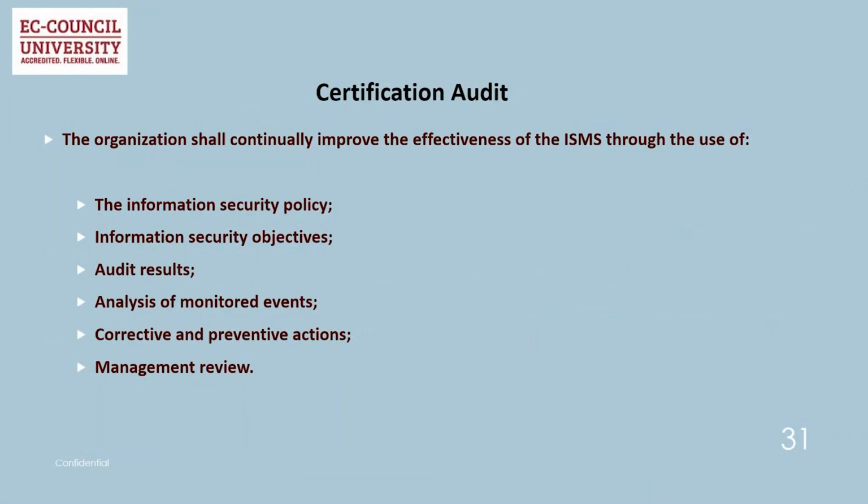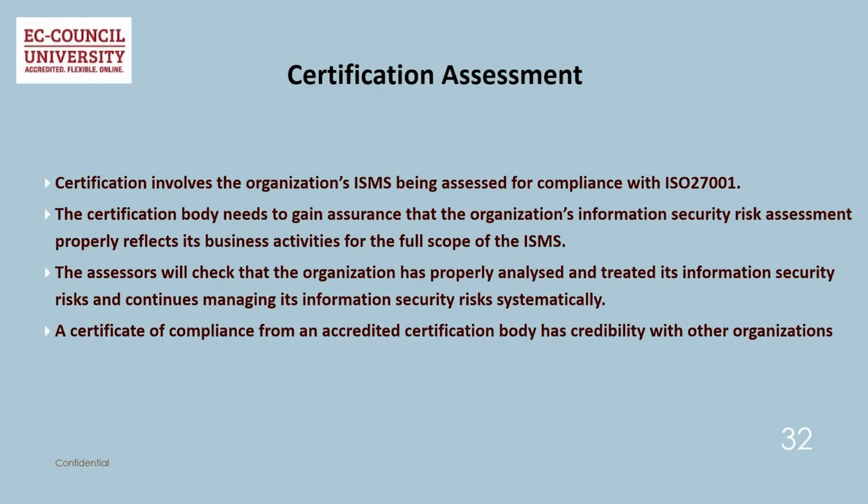So your certification audit checks your policy, objectives, your audit results, how you're monitoring the various incidents, your corrective actions, and management review. So you're able to show that your organization follows all these 14 domains and 114 controls.